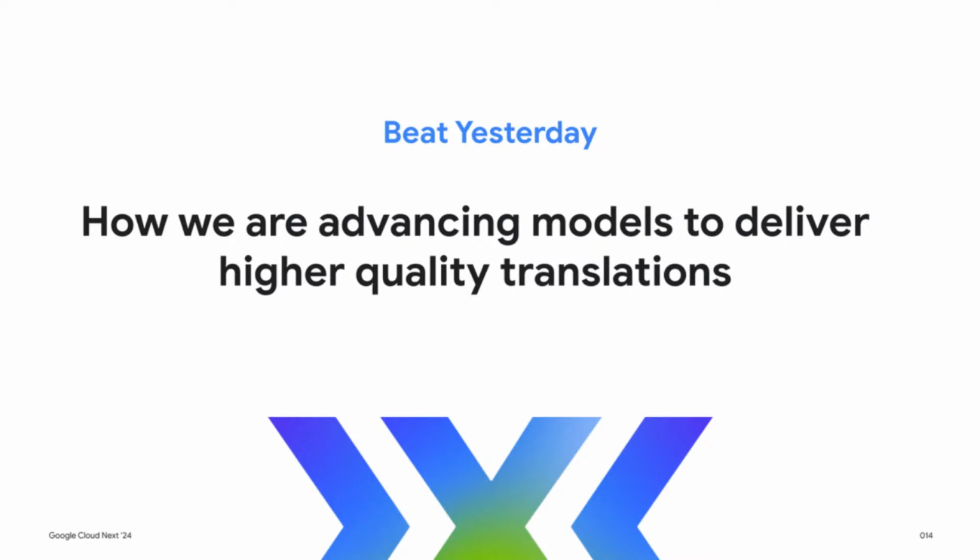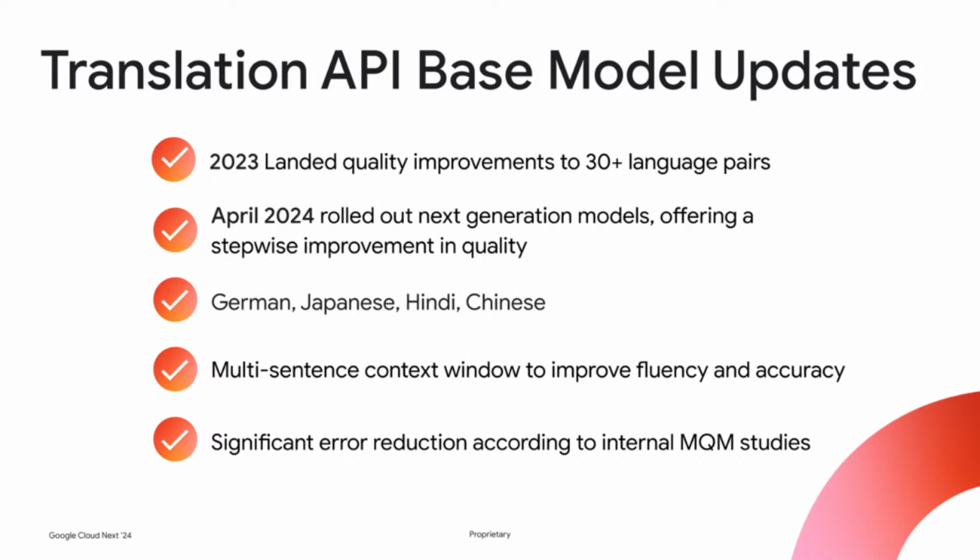So our overall intention is that we continually advance our translation quality and the base models. So for the pre-trained models, which are classic translation models, we are continuing to update those. They actually had advancements in the overall quality and handling for German, Japanese, Hindi, and Chinese just in April of this year. In this case, we took some of these advancements by going from single sentence translation to multi-sentence translation.